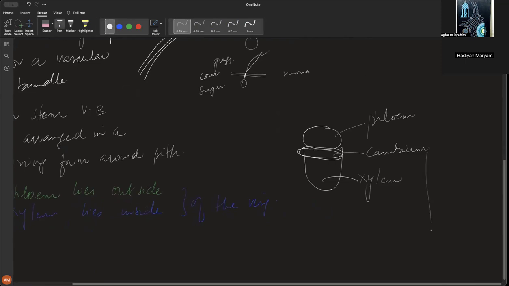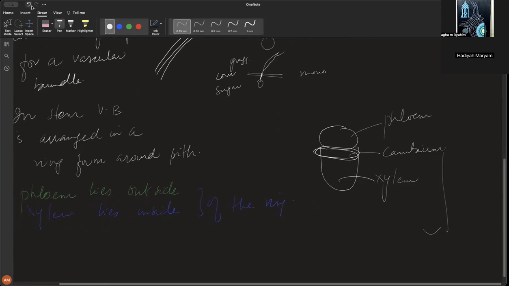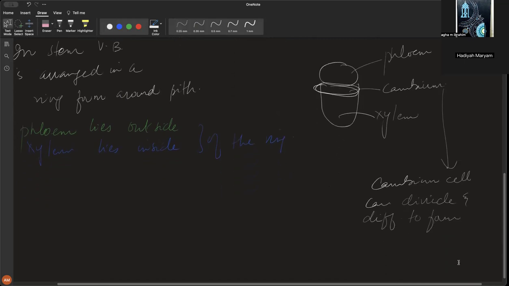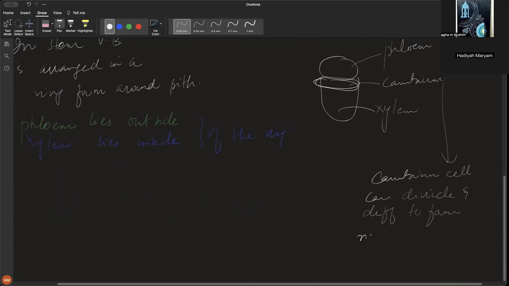Basically, cambium does what? The cambium cells can divide and differentiate to form new xylem and phloem.